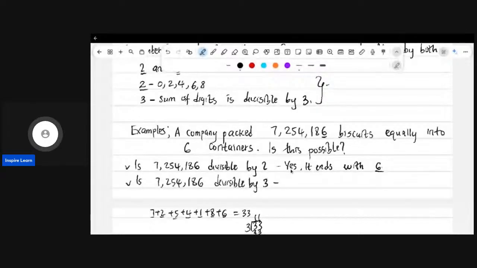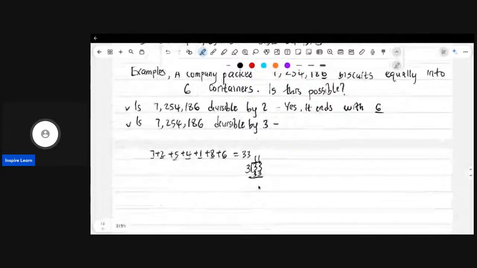So that means that our number is divisible by what? Is divisible by 3. So the sum of these digits, which is 33, is divisible by 3. We get 11. So yes, again, why is it yes?